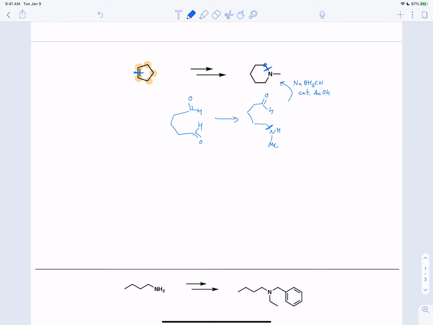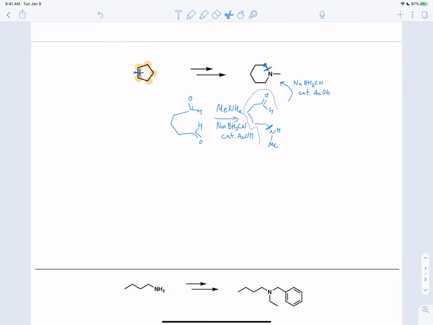That means both of these steps could be performed at the same time, simply by reacting this with methylamine and sodium cyanoborohydride.